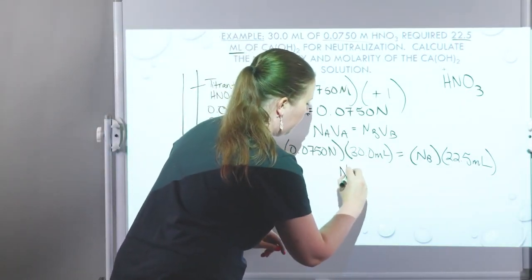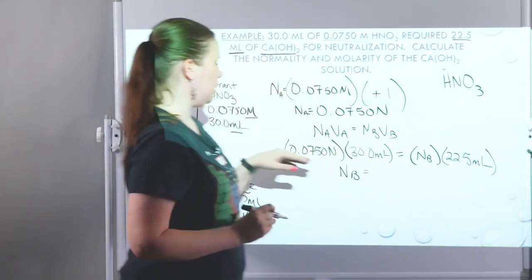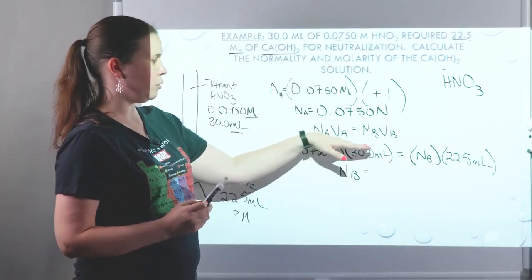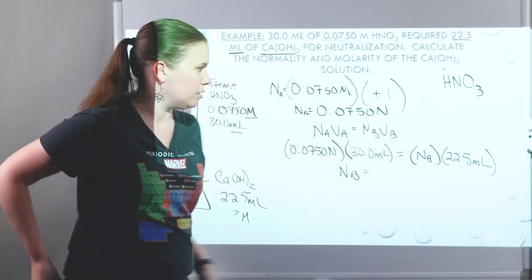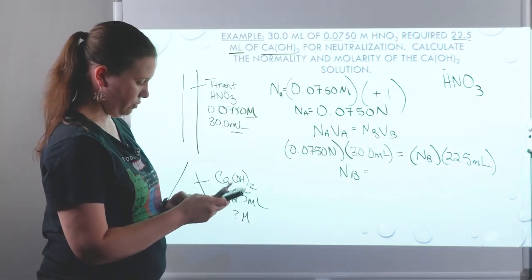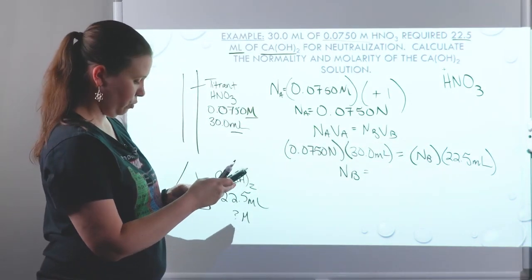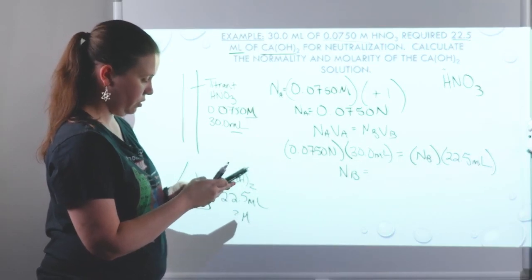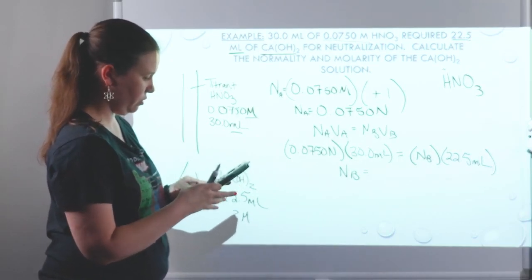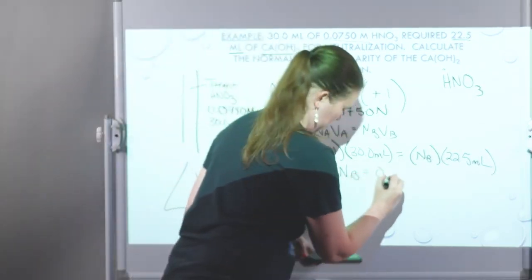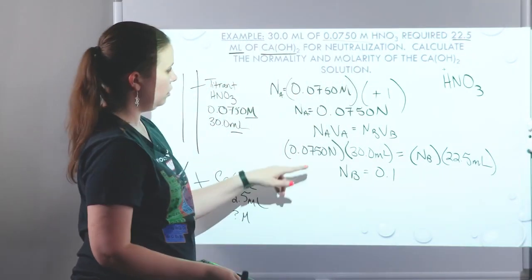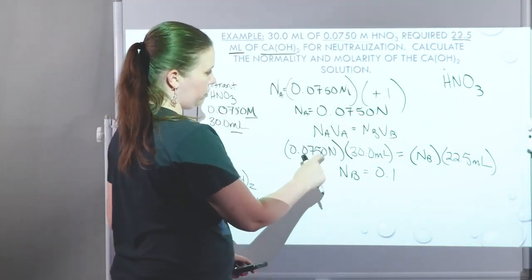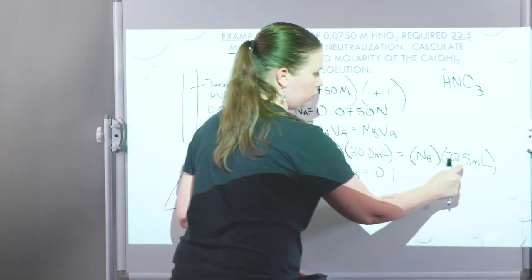So what do we get when we take the 0.0750, multiply by the 30, and divide by this 22.5? So it's going to be 0.075 times 30 divided by 22.5. And I get 0.1 in the calculator. But notice I have 3 sig figs, 3 sig figs, 3 sig figs.